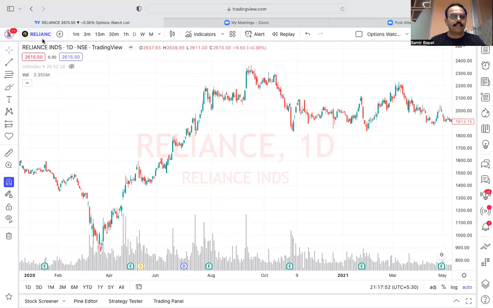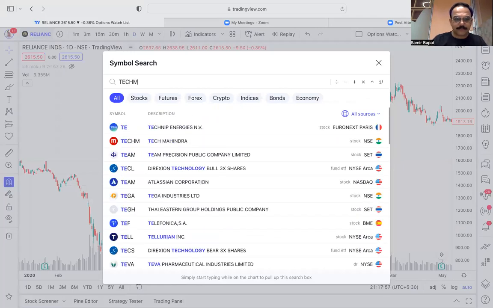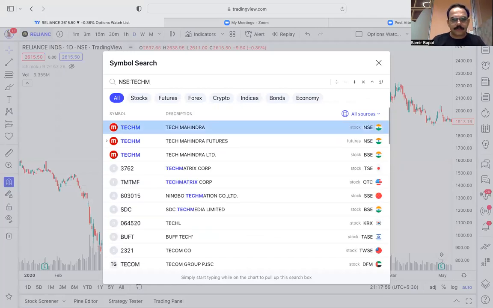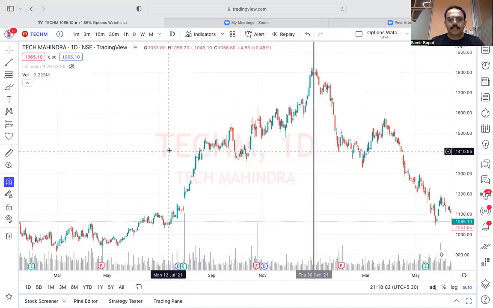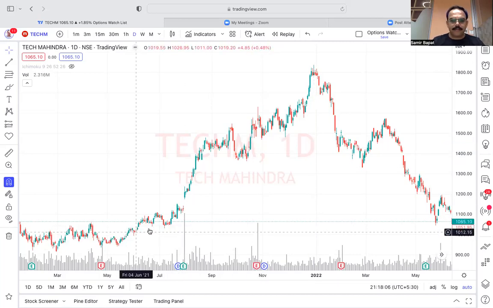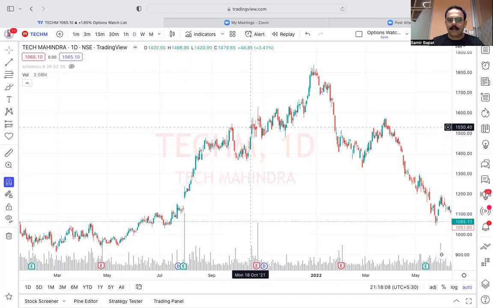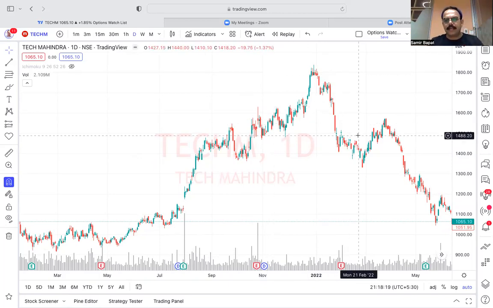Let me take a very good example, which I took last time also, Techem. See here, the price went up, and then it started tapering because it went beyond a certain point where people were not willing to pay higher and higher prices, tapered, and came down.